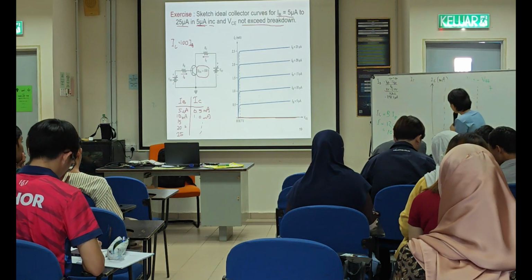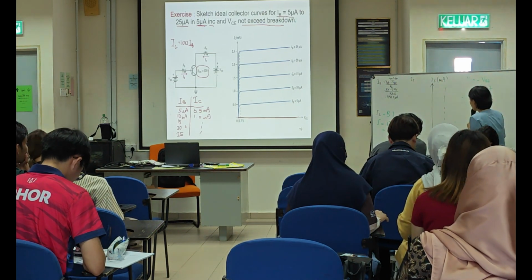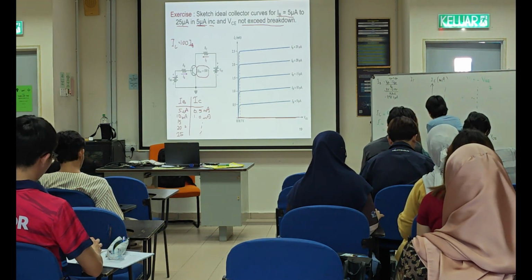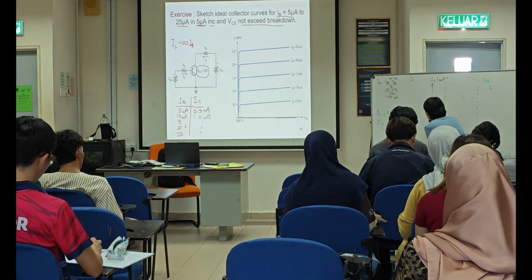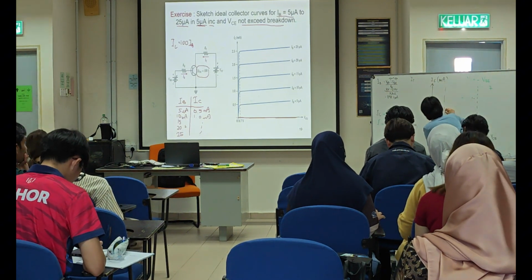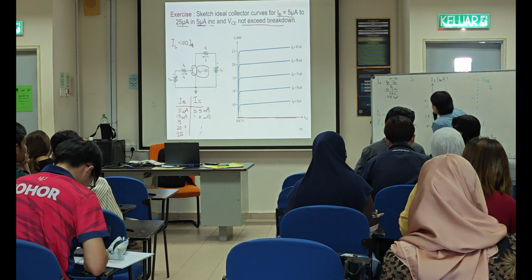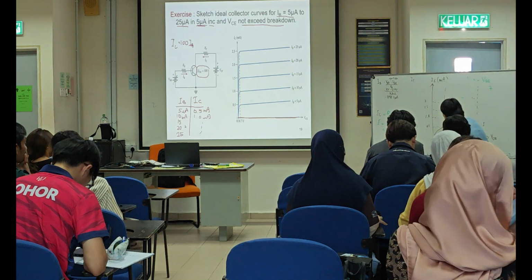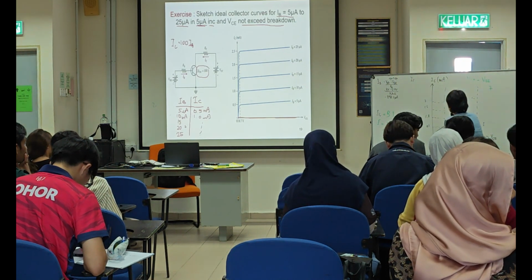Then you just draw the first one. The current is roughly estimated. Here 0.5, and then next one is 1, this one is 1.5, next one is 2, and above. You first draw this one, then slowly go up a bit.